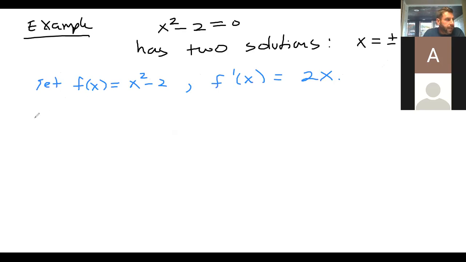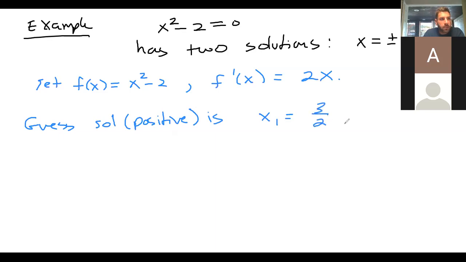We know there's 2 solutions, so let's just look for the positive one for now. So let's guess that x sub 1 is equal to 3/2. Why am I guessing 3/2? Well, that's because it's halfway between 1 and 2. That's the only reason I'm guessing it. You could guess something else, but I'm going to guess 3/2.